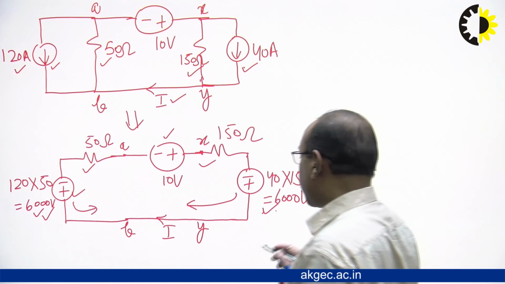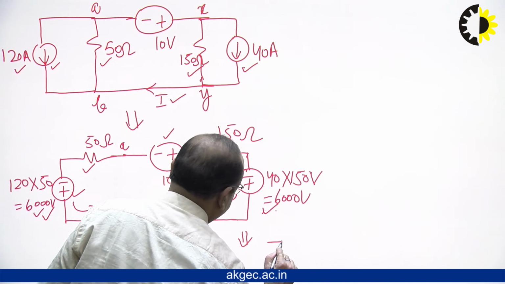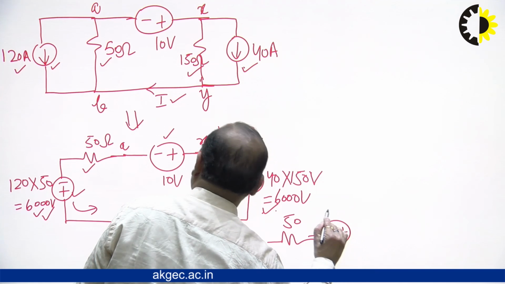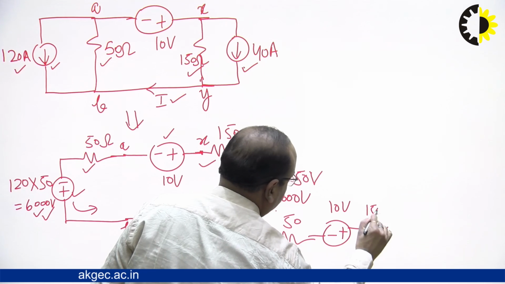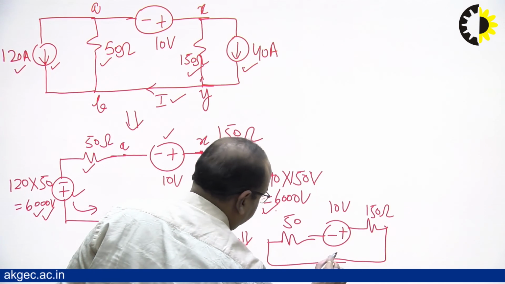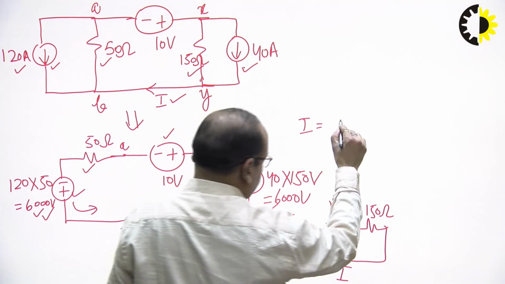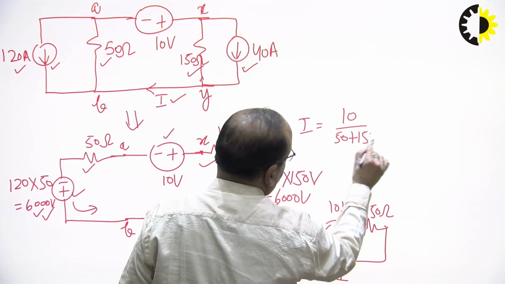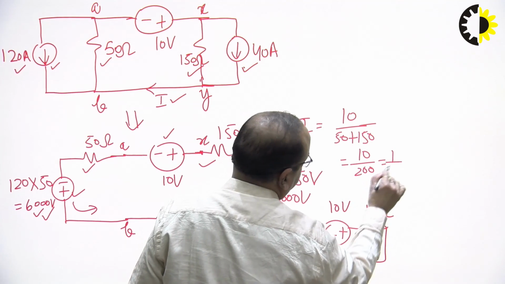So, the circuit will be simplified to this one, like this, and now we can find this current I. So, I will become 10 upon 50 plus 150, and that becomes 10 by 200 or 1 by 20 ampere.